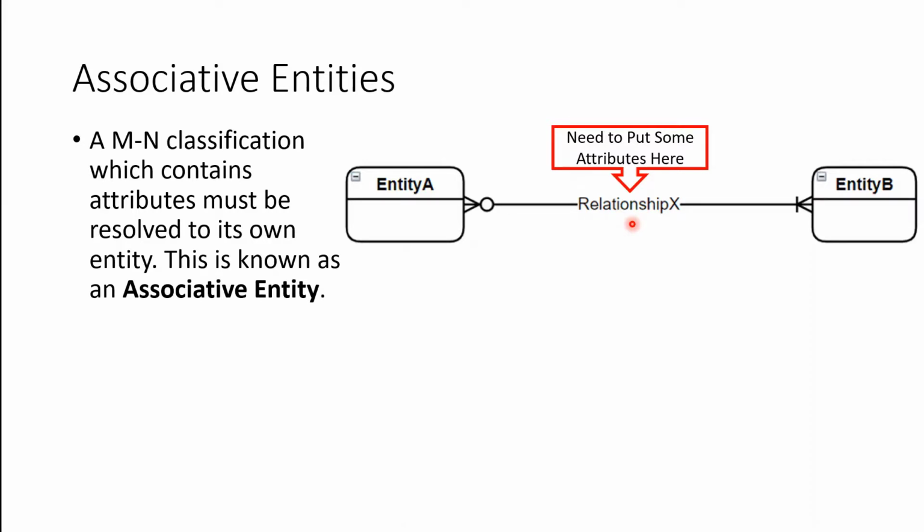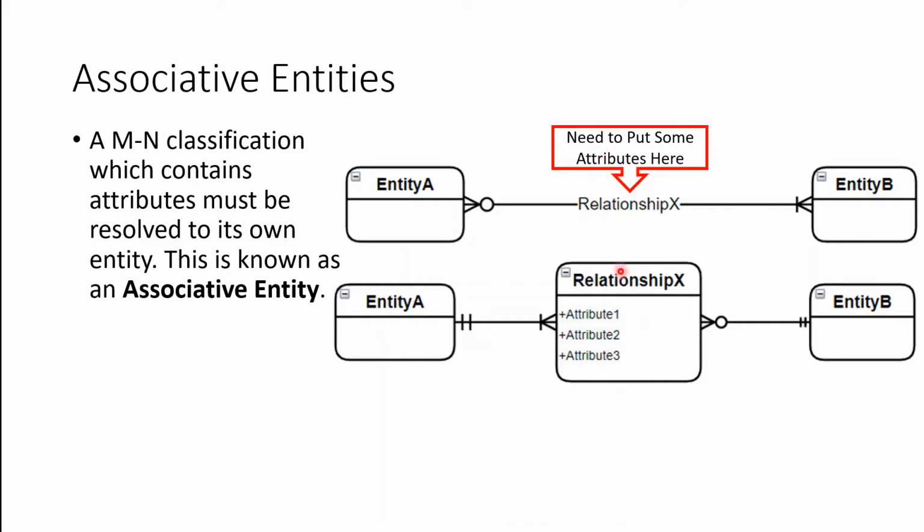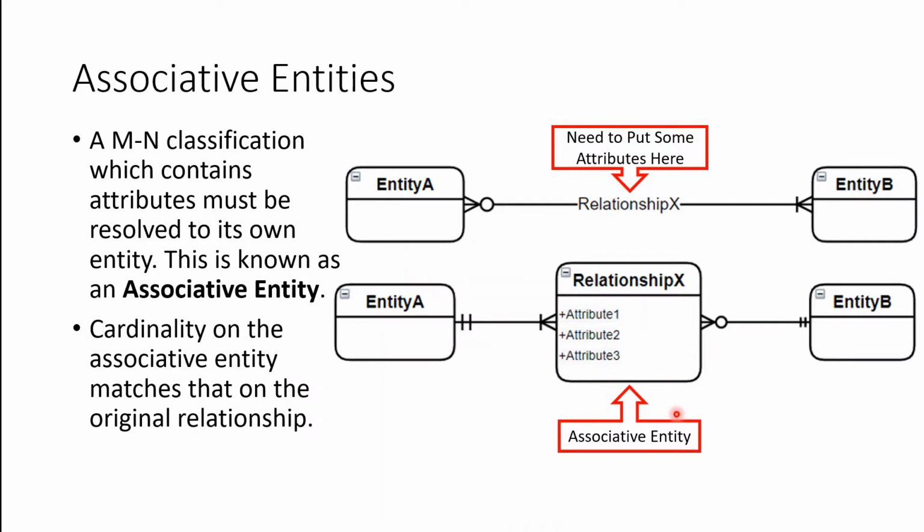So what you need to do in this case is you resolve it to an entity. You put the attributes in the entity, and then this thing down here is now the associative entity. And how do you resolve the many-to-many to what you see here? It's very simple. The cardinality on the associative entity matches that on the original relationship. So if you go this way, the cardinality is one-to-many.